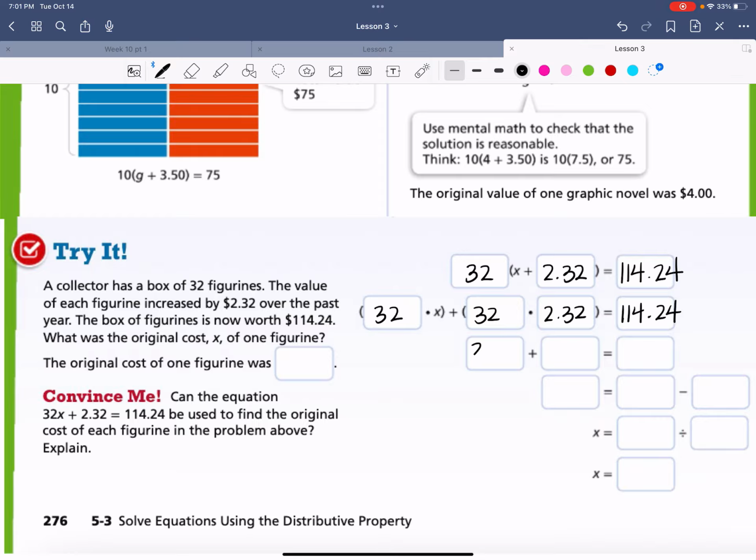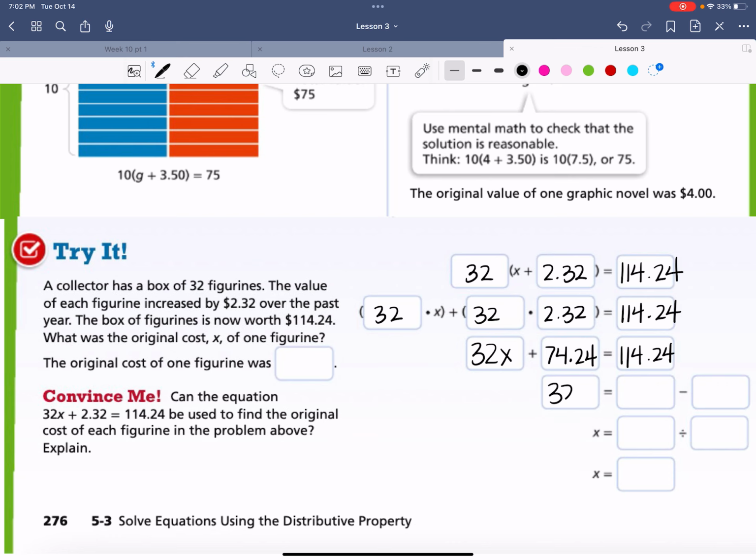32 times X is 32X. 32 times $2.32 is $74.24. And again, we are still equal to $114.24. The first thing we would have to do is subtract that $74.24.